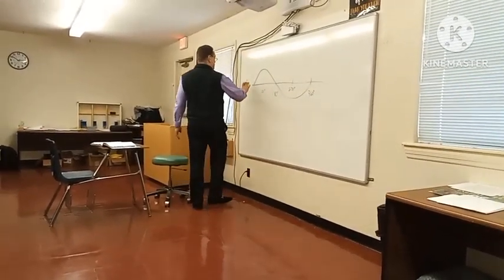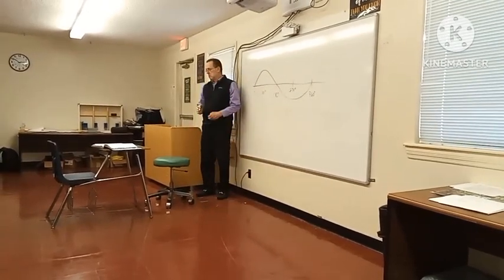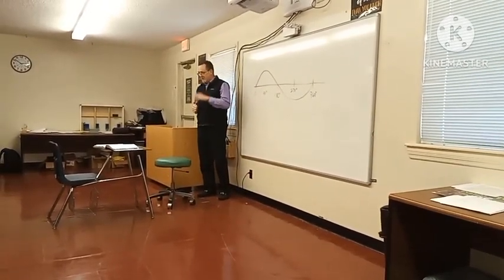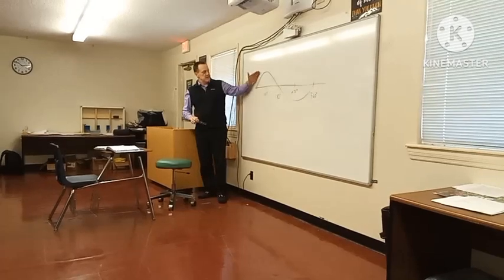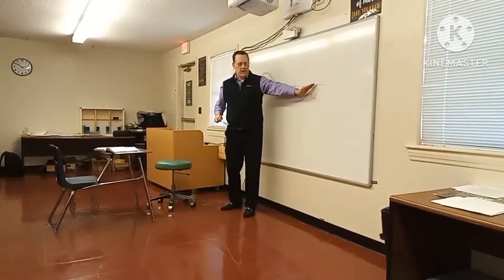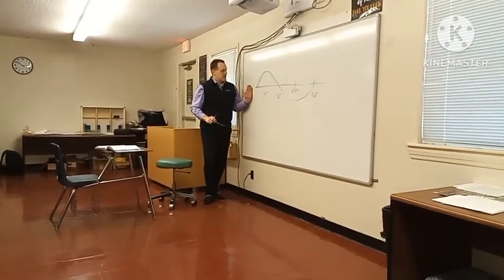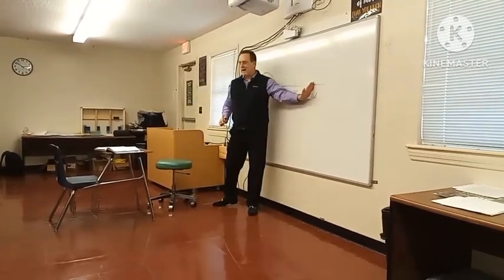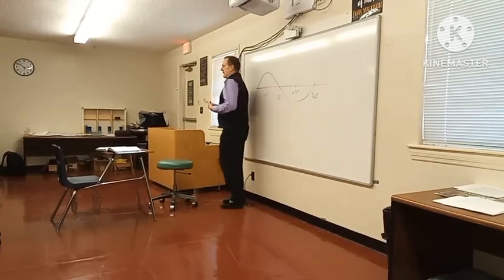This represents one cycle for the AC current. That means it's maximum peak, returns to 0, the minimum peak, and then back. When the AC current does that one time, that is one cycle, okay?